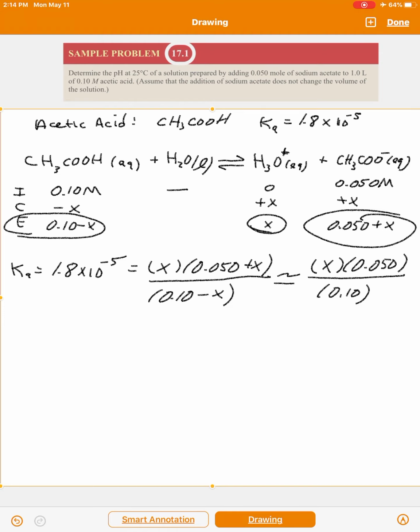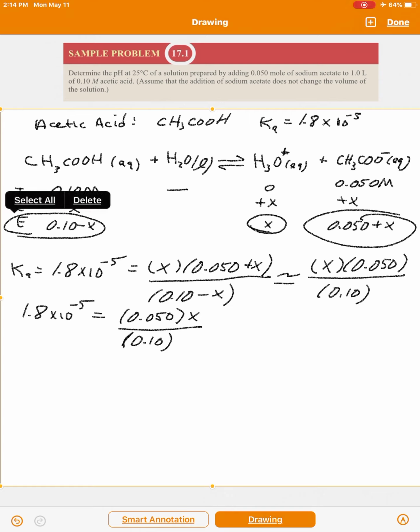for x. Let me write it down here again. 1.8 times 10 to the minus 5 is equal to, now let me write it a little bit differently, 0.050x divided by 0.10, right? I'm just writing the 0.05 before the x. So if we want to figure out what x is, we multiply both sides by 0.10, and then divide both sides by 0.05.